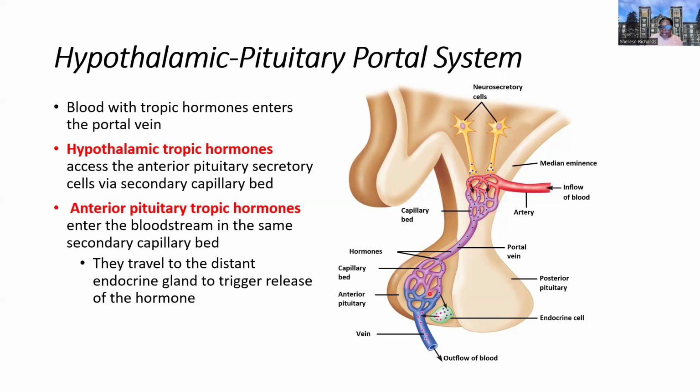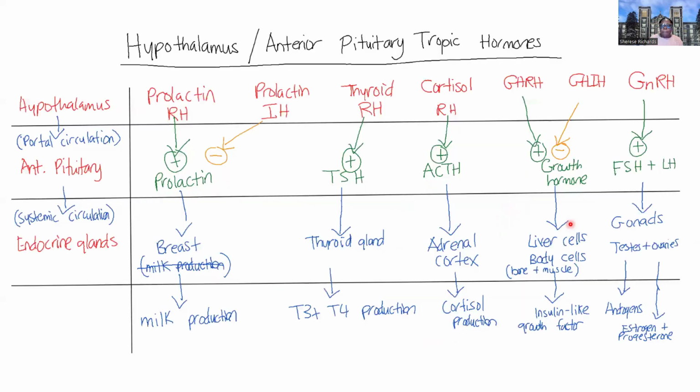From there, TSH leaves the anterior pituitary, enters the bloodstream, goes to the thyroid, and tells the thyroid to make thyroid hormone, T3, T4. And so the three hormones in that axis are TRH, TSH, and then thyroid hormone, which comes from the actual thyroid gland. So that is what we mean by having that hypothalamic pituitary endocrine system, or that axis.